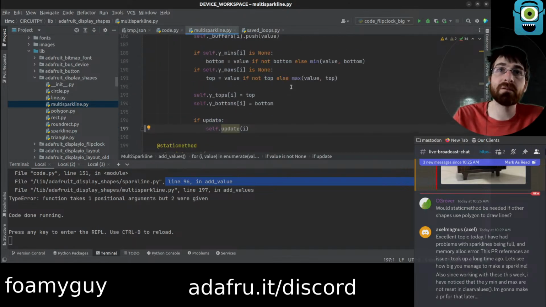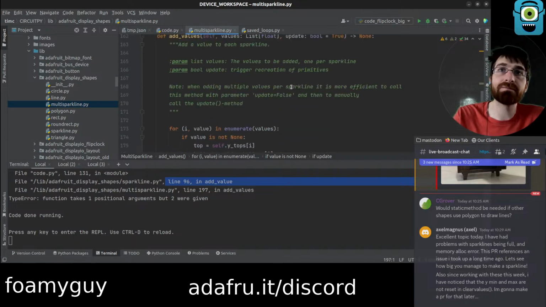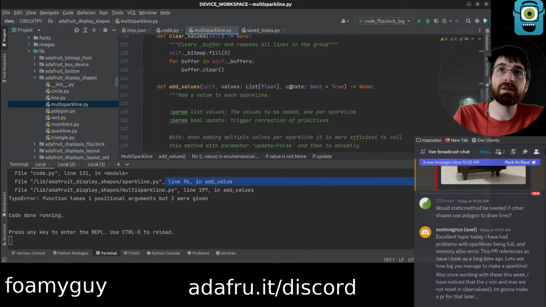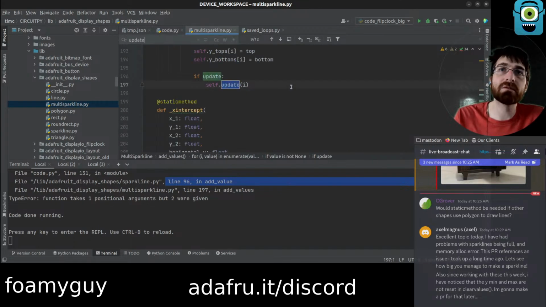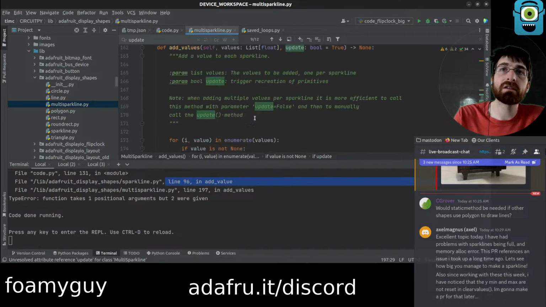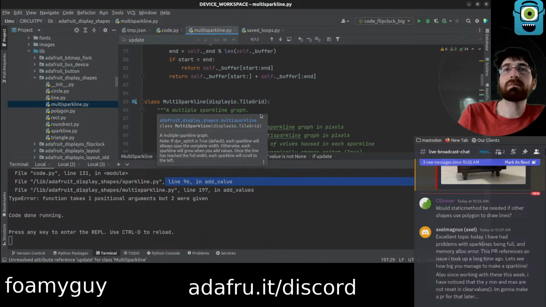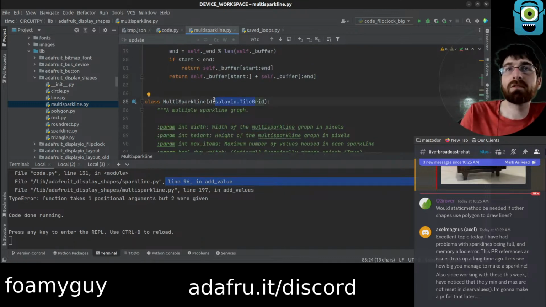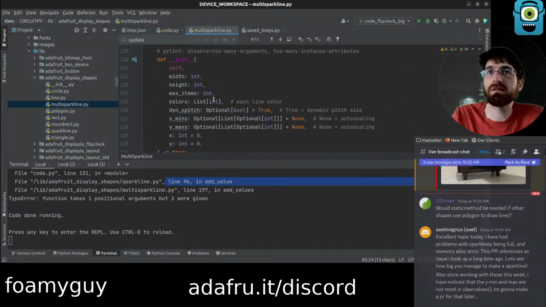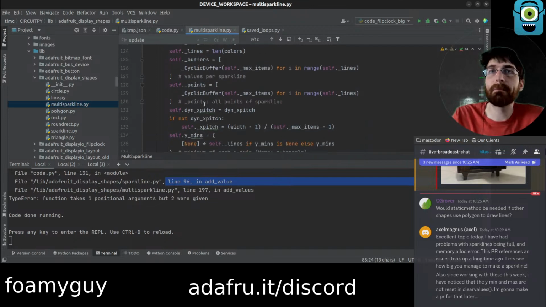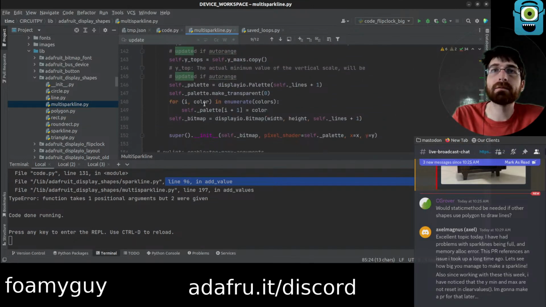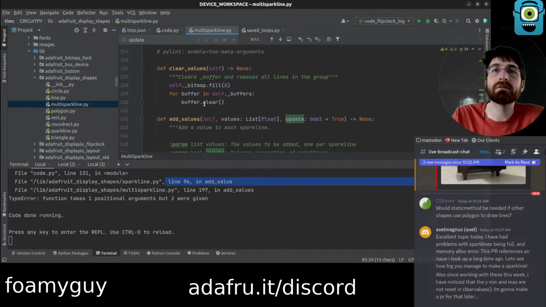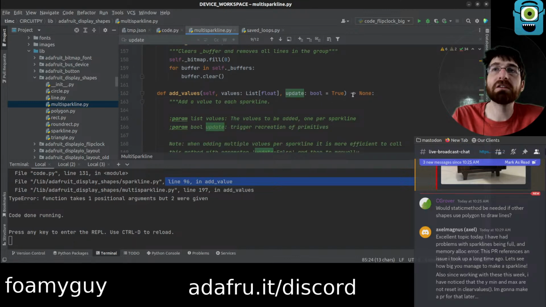So 197, this just calls update. What is update? Interesting that we don't. If update, self-update. Find declaration. I think TileGrid has an update, does it? That I'm familiar with. Oh. Update is a Boolean.